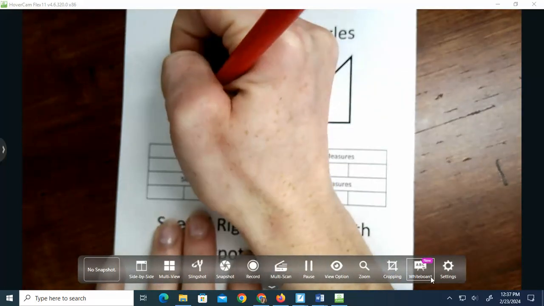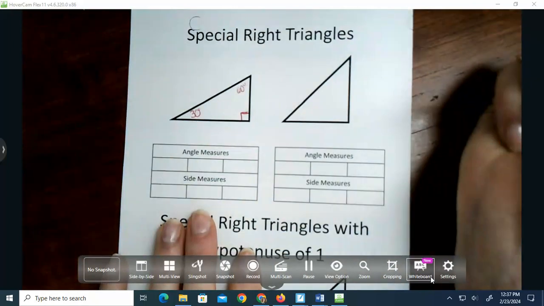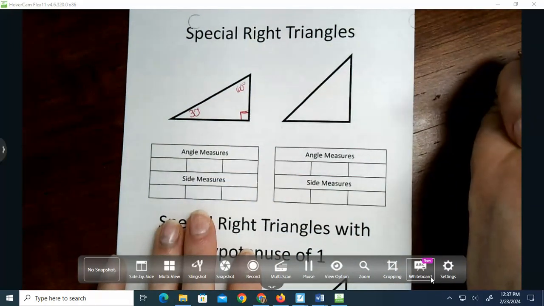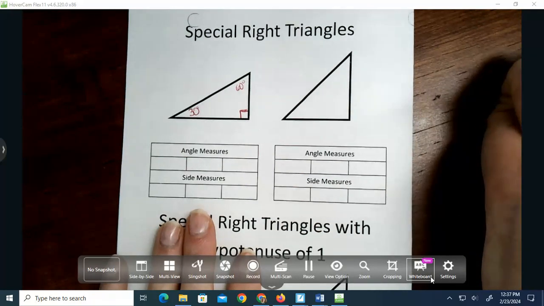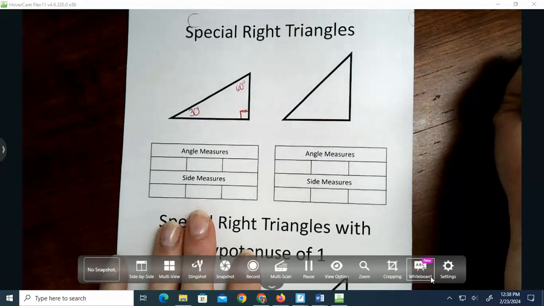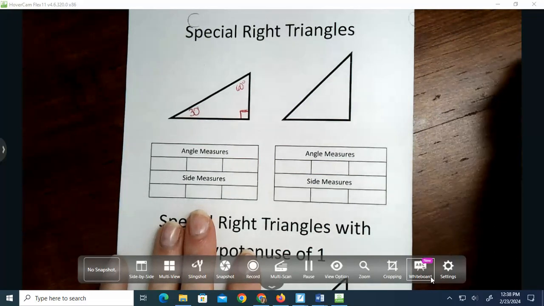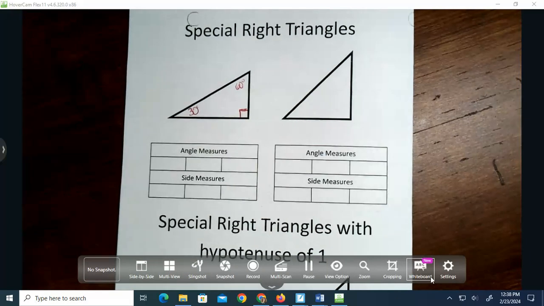So first, let's say I have a 30, 60, 90 triangle. We did this in our notes back in the last chapter, where we looked at an equilateral triangle.